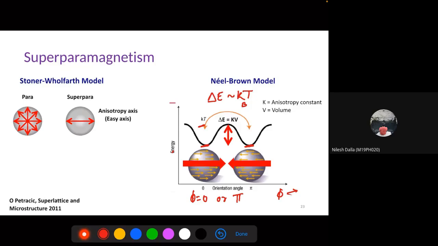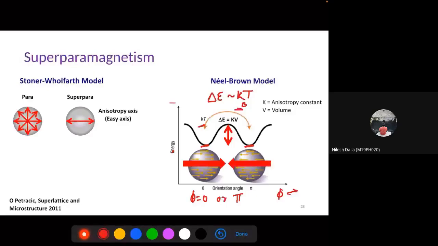So why does it become important when you go to a smaller size? One has to look at the thermal energy and the energy barrier. The energy barrier, as you can see here, has a term V, volume.